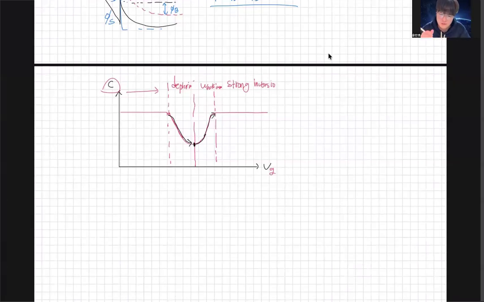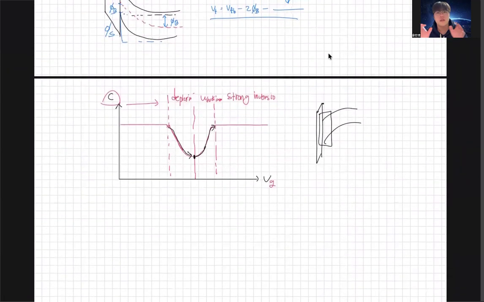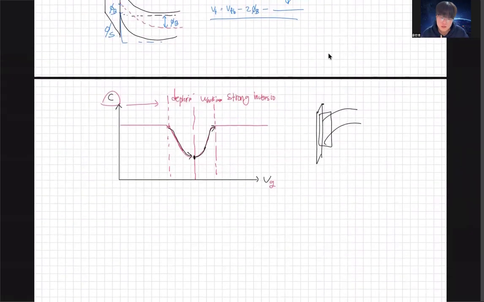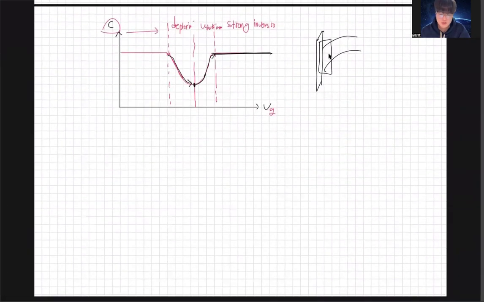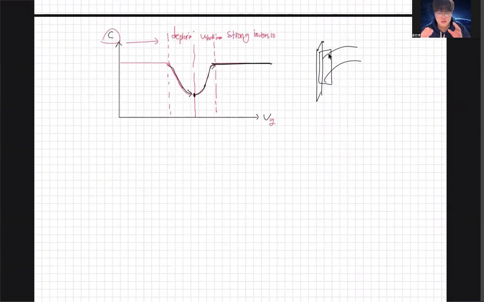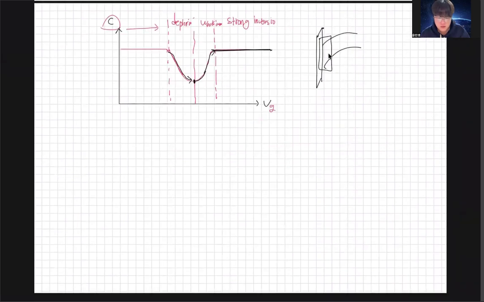And if we put the gate bias very high, at that time on the surface there will be an inversion channel, so the current can flow very well. So the capacitance will be drawn like this. This is the explanation of the CV curve.